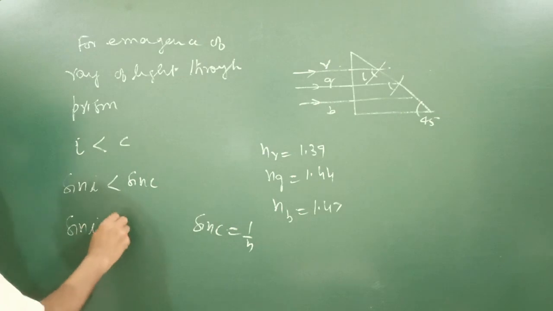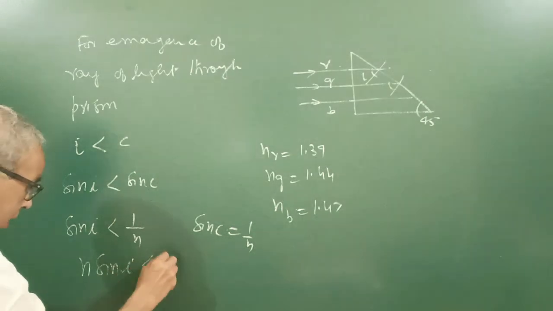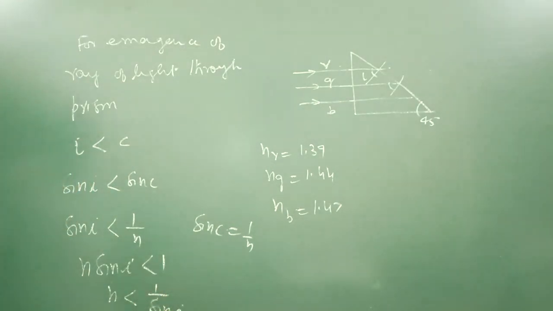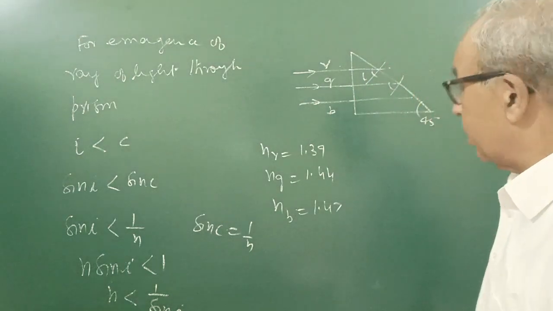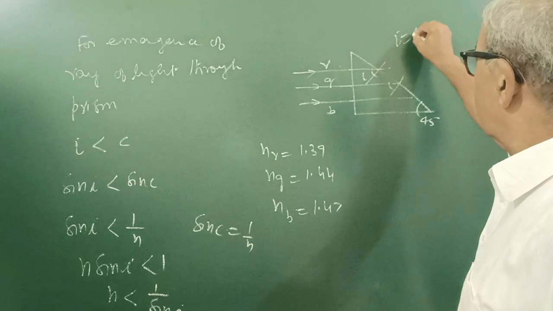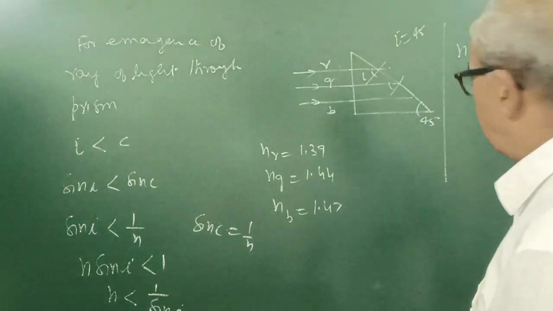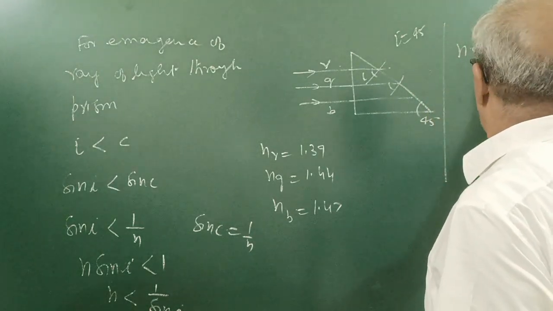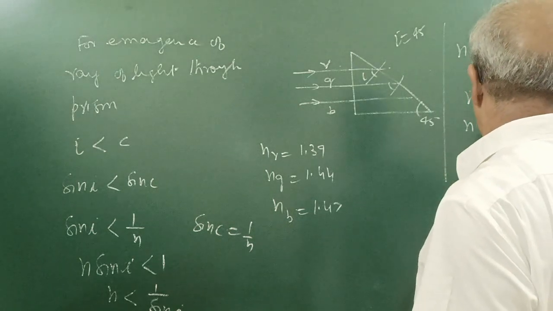So sin I is less than 1 upon n, or n sin I is less than 1, or n is less than 1 upon sin I. The ray will emerge for which the refractive index is less than 1 upon sin I. Here I is 45 degree, so n is less than 1 upon sin 45, that is, n should be less than root 2, meaning 1.414.